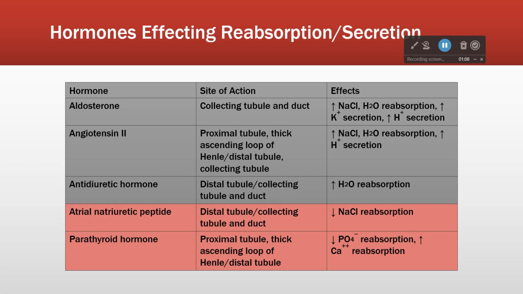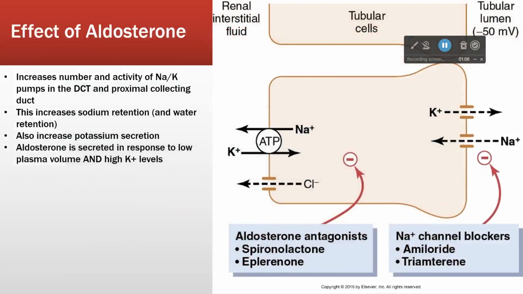Parathyroid hormone will decrease phosphate reabsorption and increase calcium reabsorption. So when parathyroid hormone triggers calcium release from the bone, that calcium is held onto in the kidney, and the phosphate that comes with it is dumped. Its reabsorption is decreased, and therefore its excretion is increased, right? So that's parathyroid hormone's effect on this system.